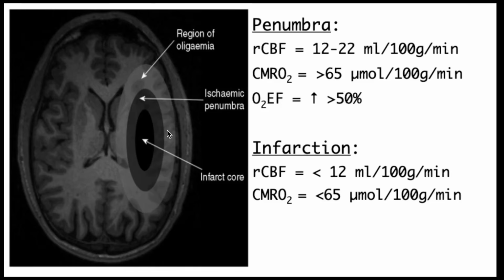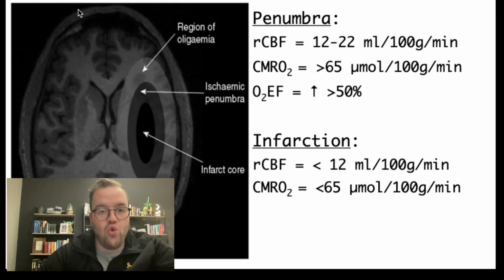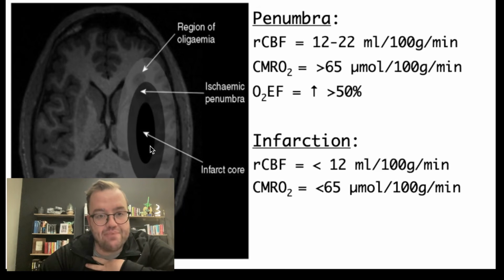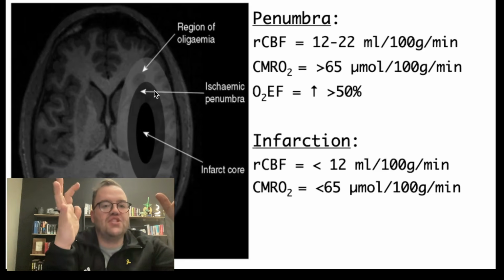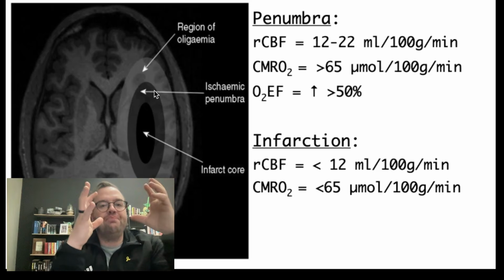as we look at this image, we see that we have a central zone of infarct over here, where at this core, there is basically no brain tissue. There is no blood flow in this area over here, okay? Then around it is the ischemic penumbra, that area that I described to you as being at risk.